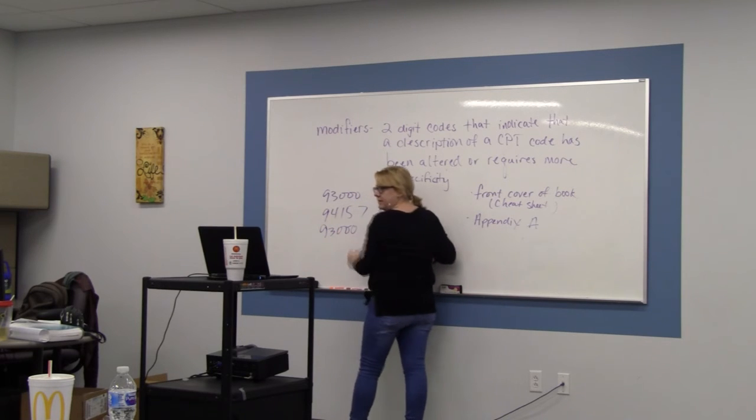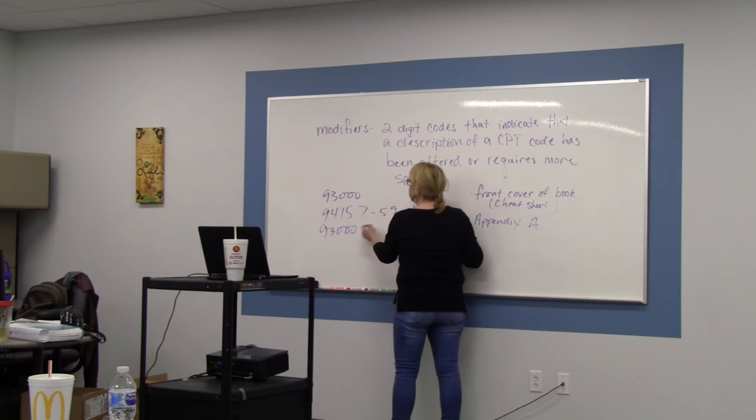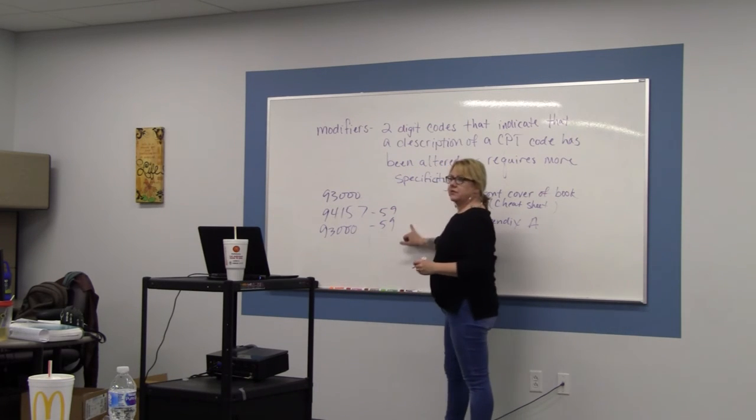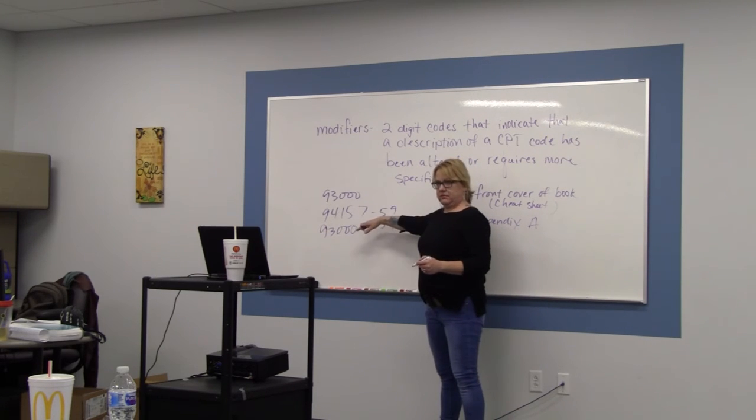You're going to put the modifier on these two bottom ones. So here's my first service, this was distinct from that, and this was distinct from that. These are all distinct.